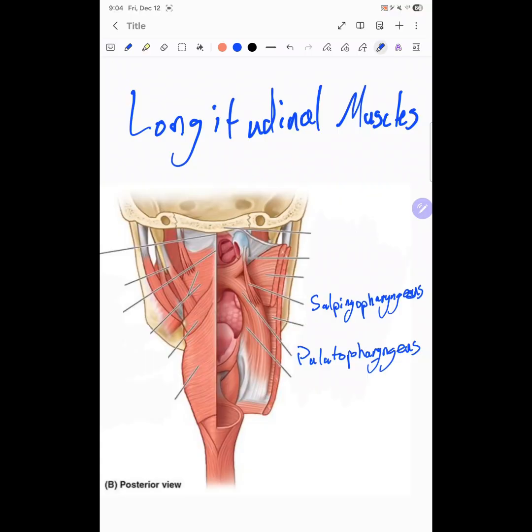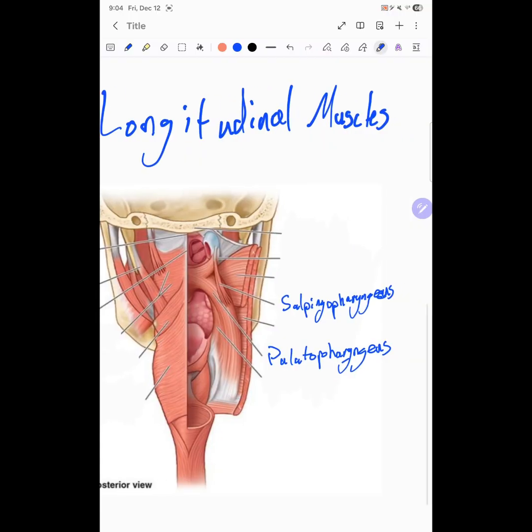It's going to insert by just blending in with the palatopharyngeus, as you can kind of see here. It is also innervated by the vagus nerve and will help elevate, shorten, and widen the pharynx and larynx during swallowing and speaking.